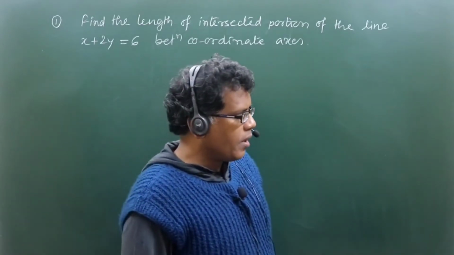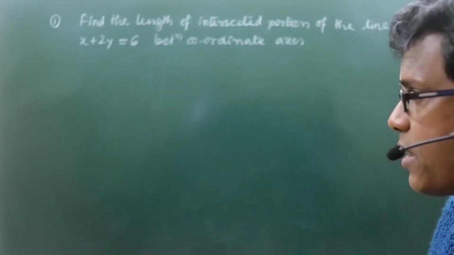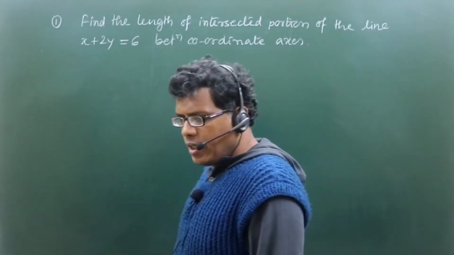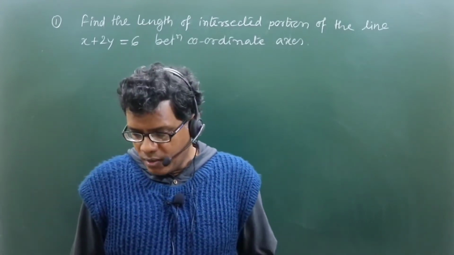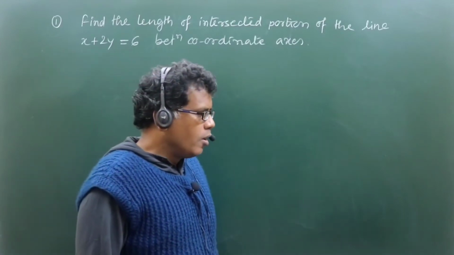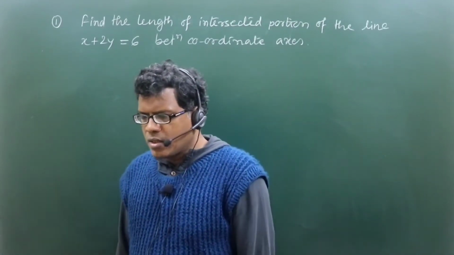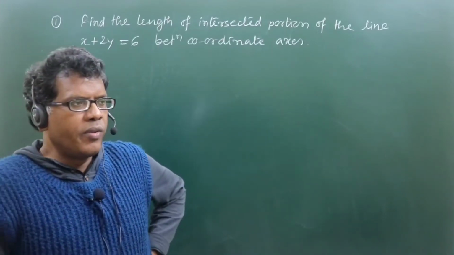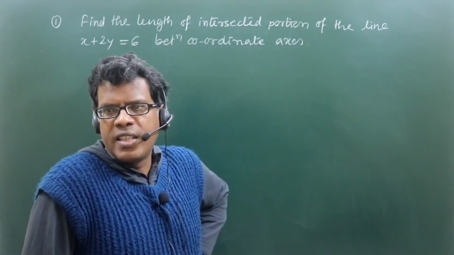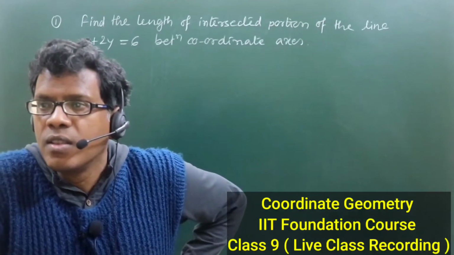That means we know that whenever we draw a line, it cuts both x axis and y axis at 2 distinct points, right? So definitely when a line cuts x and y axis at 2 different points, then overall line gets divided in 3 segments.